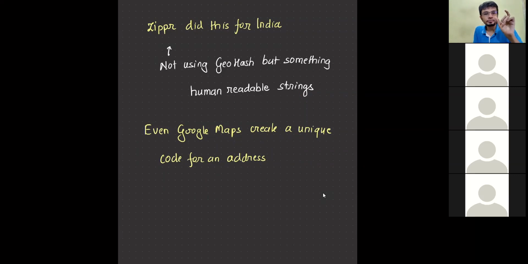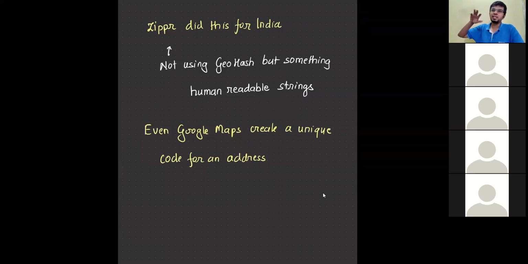For example, if the name of the building is, let's say, Aditya Apartments, since they were the early adopters, they got to pick any code that they wanted. So they wrote AADI07. If someone went to their website and typed in AADI07, on Google Maps it would point to that very building.